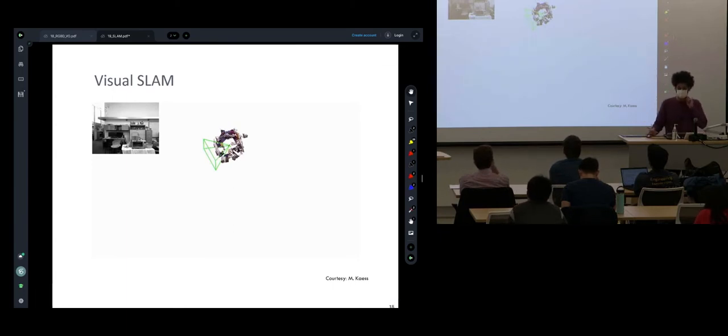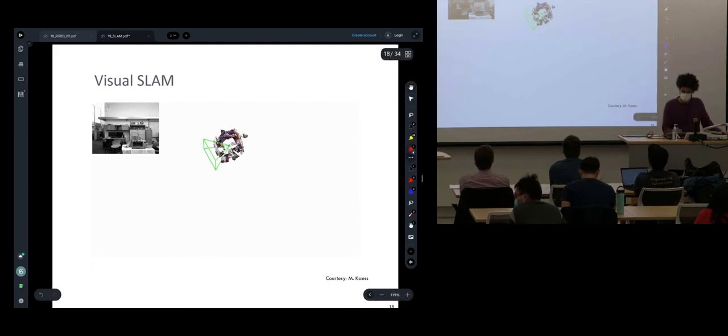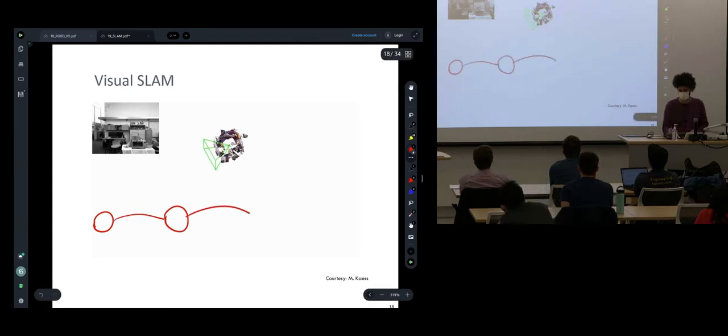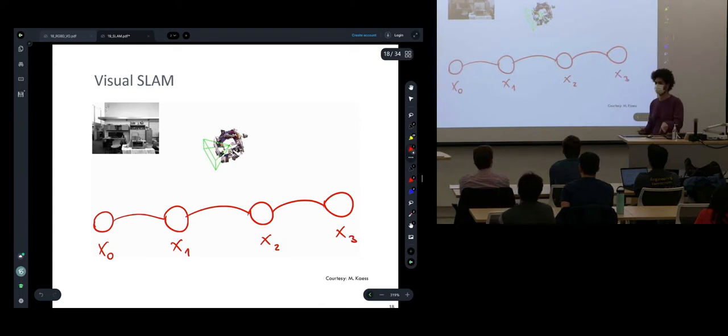The question is, if we never get any loop closure, is this the same as a Kalman filter? It is not.